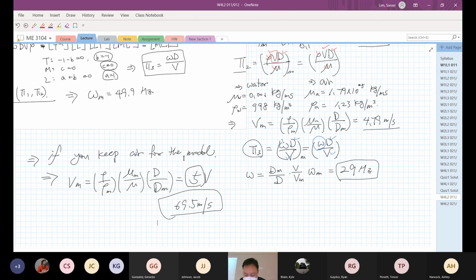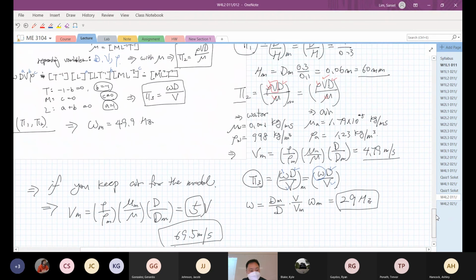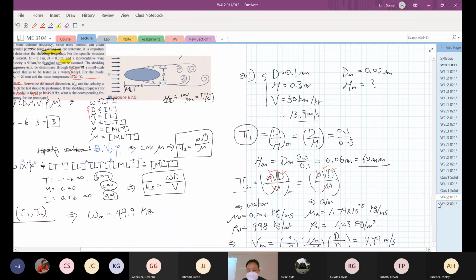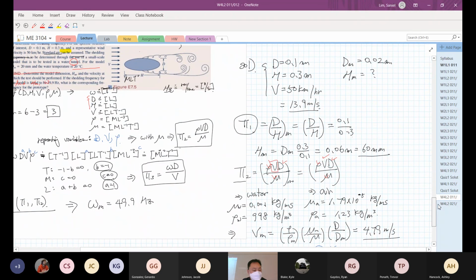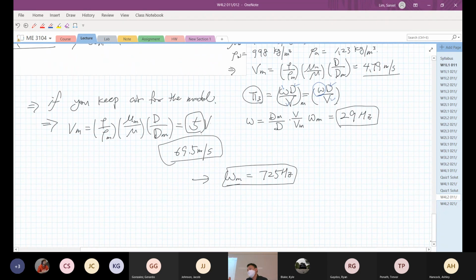So for example, if I calculate that with the air, then you're going to end up with the omega model being about 725 hertz. Previously, the frequency of the model was 49.9 hertz, so about 50 hertz.